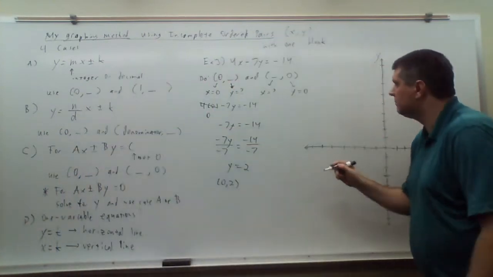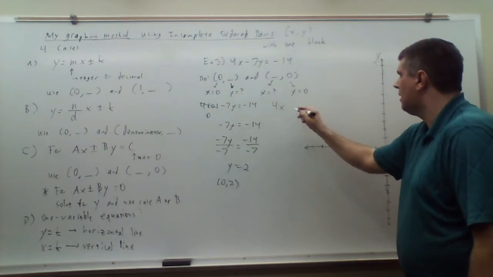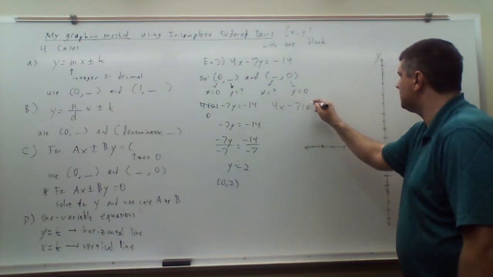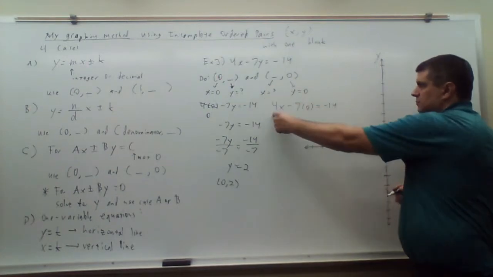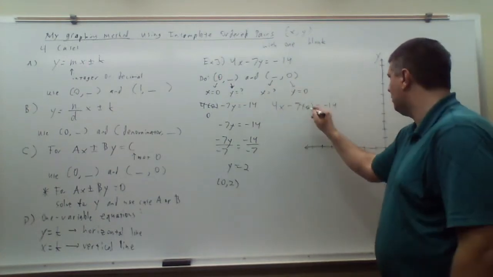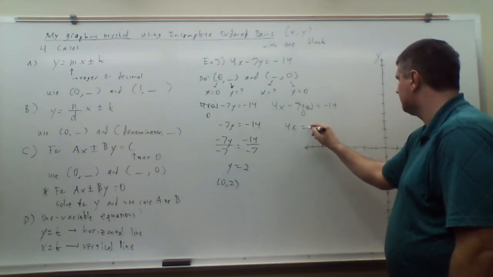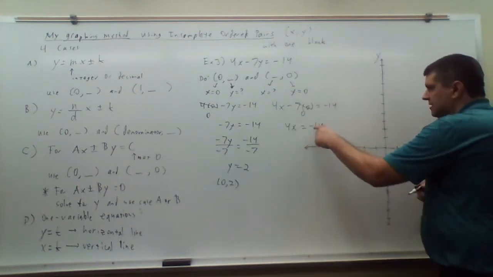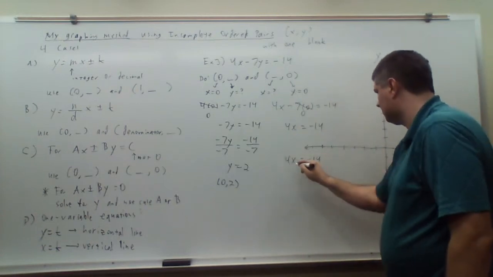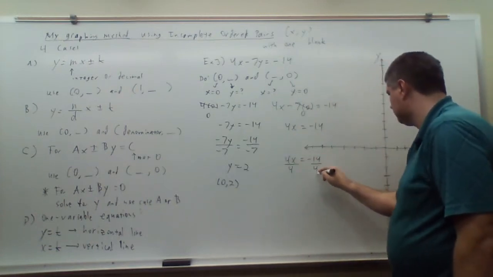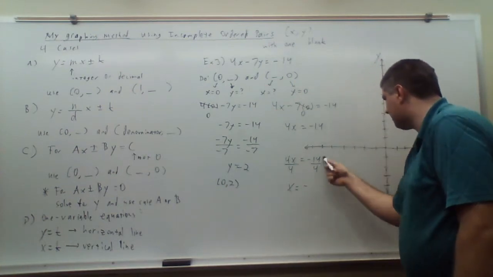Over here, I will have 4, x is unknown, minus 7 times 0 equals negative 14. And that's 0. 4x take away 0 is just 4x. So 4x is negative 14. Divide off the 4. And x equals negative, this reduces, they're both divisible by 2.